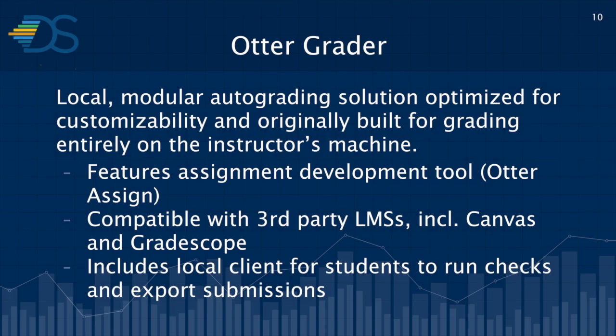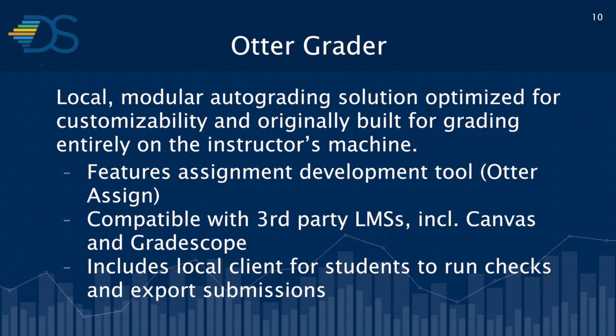So moving on now, Otter Autograder is a new open source autograding solution being developed currently by my team at the Data Science Education program. And it is a local, modular autograding solution optimized for customizability. Its original use case was for grading entirely locally in parallel Docker containers on an instructor's machine.